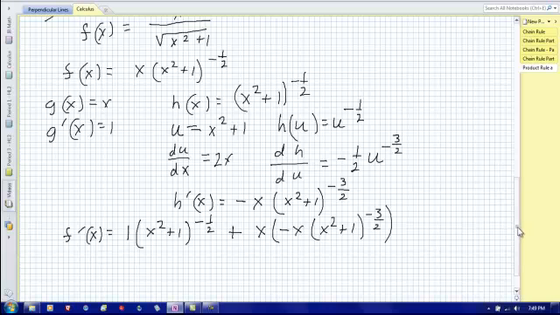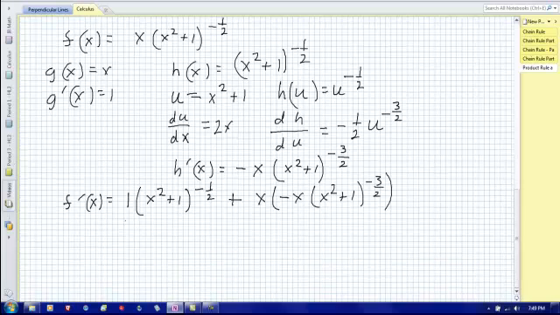Alright, now time to clean this up. It looks pretty complicated. So the 1, okay, that doesn't matter. We've got the x squared plus 1 to the negative 1/2.